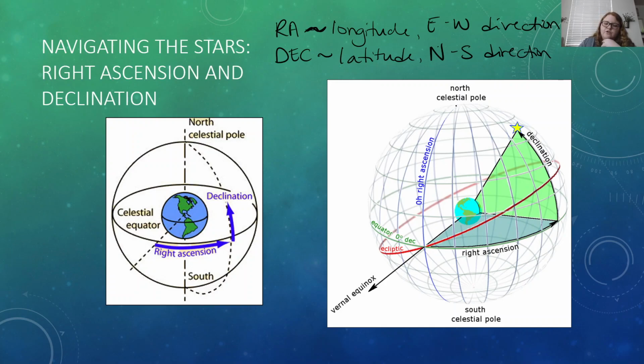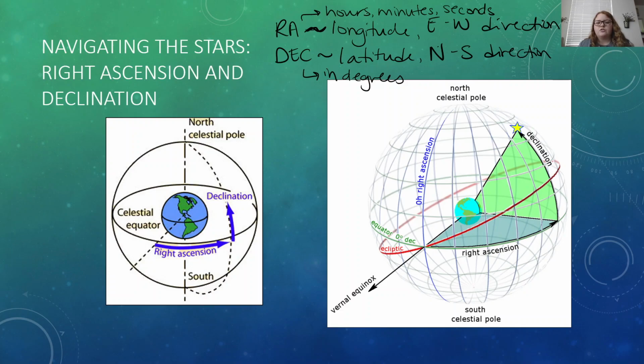And then right through the same spot as the prime meridian that we just saw on Earth, that's where the right ascension is 0 hours. So note one thing: declination is in degrees and right ascension is in hours, minutes, and seconds.